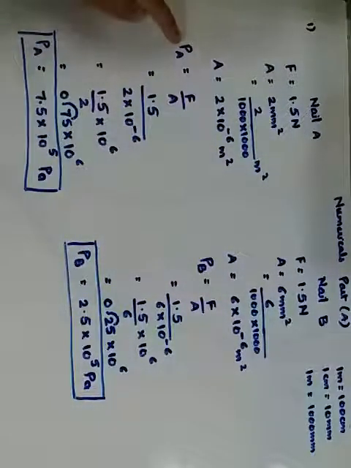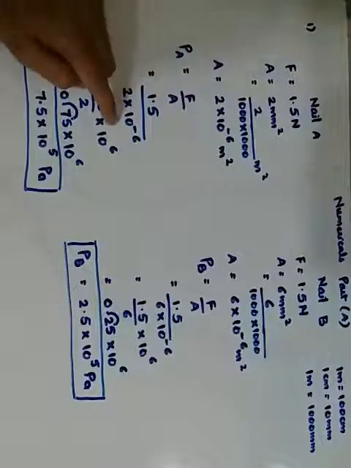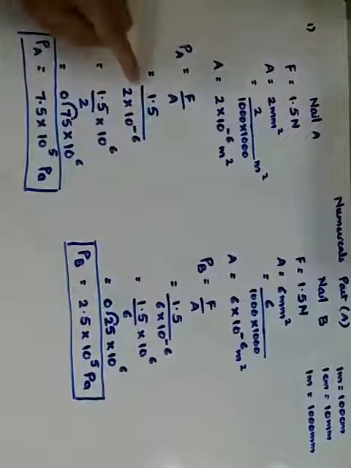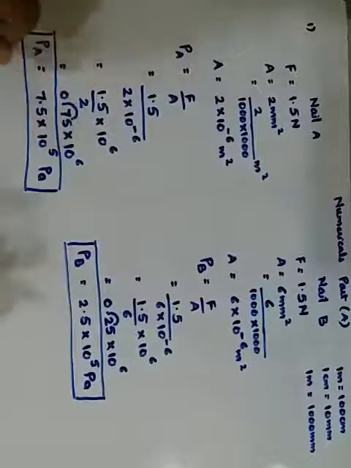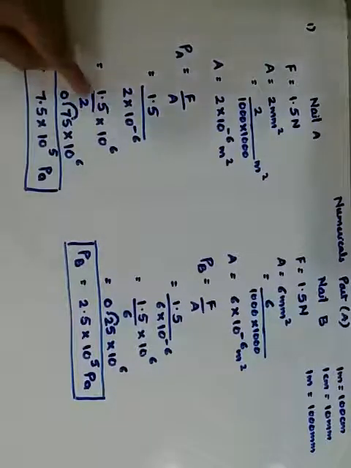The formula, as I said, pressure is force upon area. 1.5 upon 2 into 10 raised to minus 6. 10 raised to minus 6 when taken up becomes 10 raised to plus 6. And dividing 1.5 by 2 gives me 0.75 into 10 raised to 6. But in physics, normally we write the significant figures or we write the decimal always after one place. So I am shifting 1 place to the right hand side.